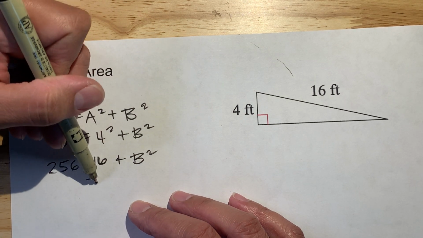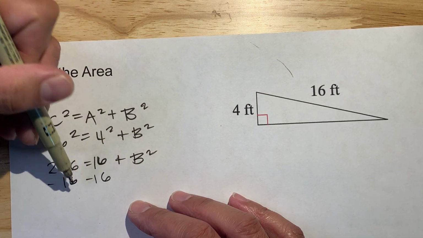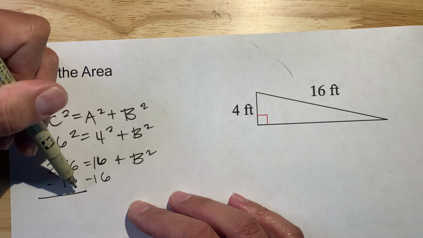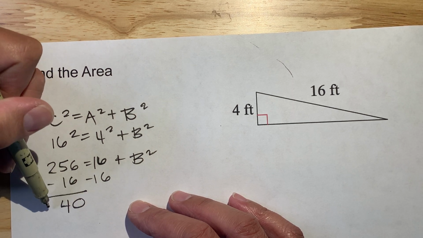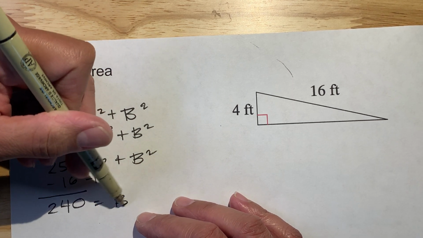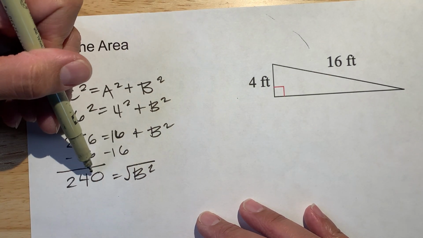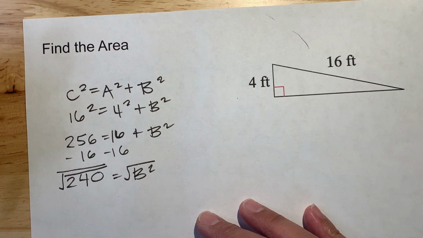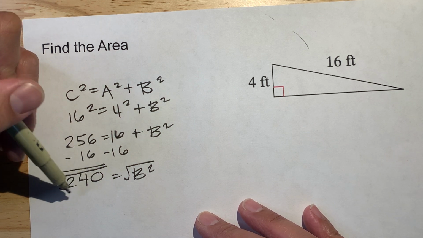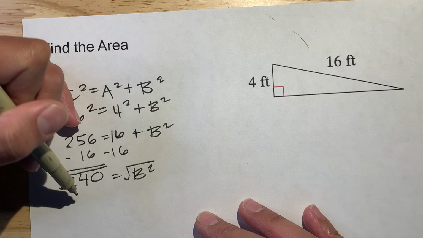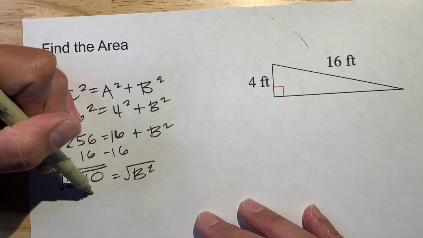I'm going to subtract the 16 from both sides, which is 240 equals b squared. Yikes! I'm going to square root both sides, and I don't have a whole number that multiplies by itself to make 240.